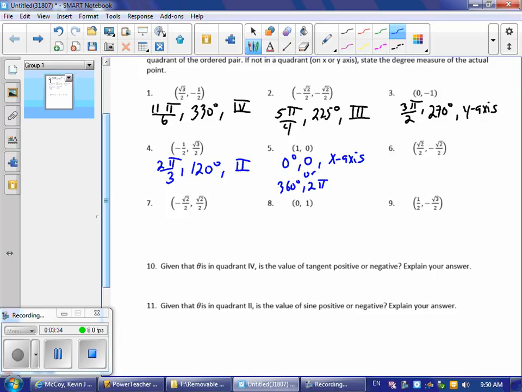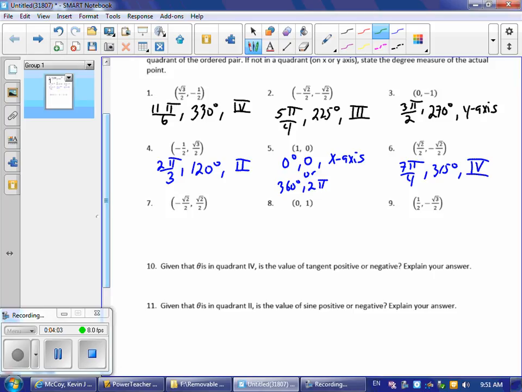Square root of 2 over 2, negative square root of 2 over 2. Again, that's at a pi fourths, so x is positive, y is negative. That's in the fourth quadrant, so that's going to be 7 pi over 4, which is the same thing as 315 degrees, which again is in quadrant 4. And then the next one is negative square root of 2 over 2, square root of 2 over 2. Same idea, except this time x is negative, y is positive.